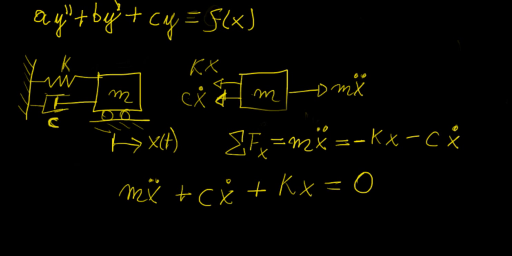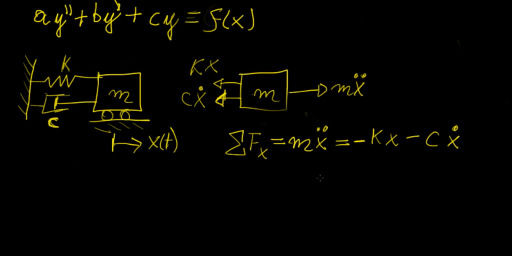Now, what happens with this type of equation? It's very similar, but now the difference is that we're going to add an external force, which we're going to call the driving force of the cart. This is just going to be some function of t, and that's going to be pulling on it.